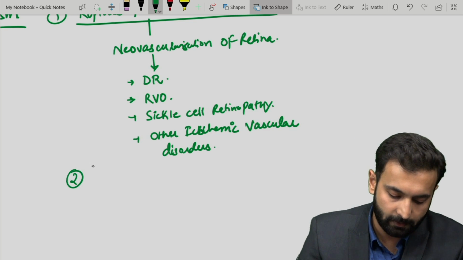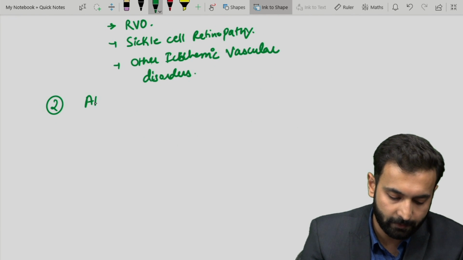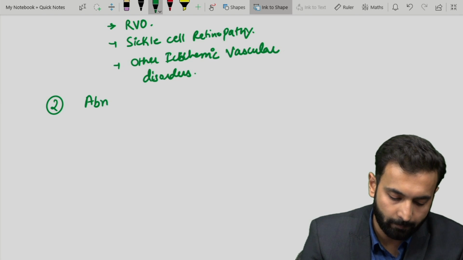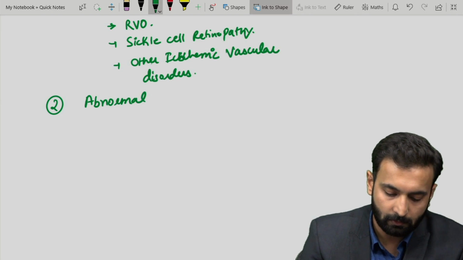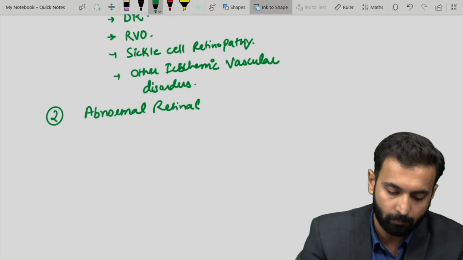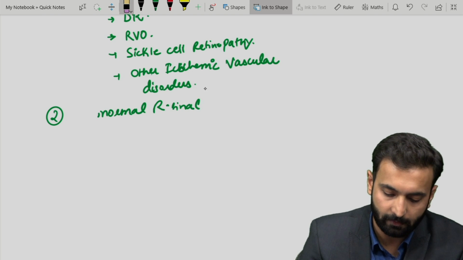Second mechanism is that vitreous hemorrhage can occur due to rupture of normal retinal vessels.